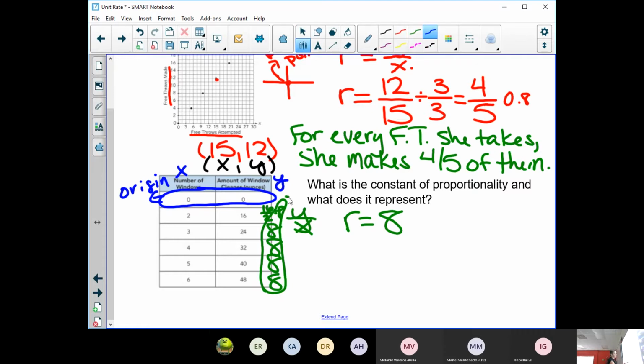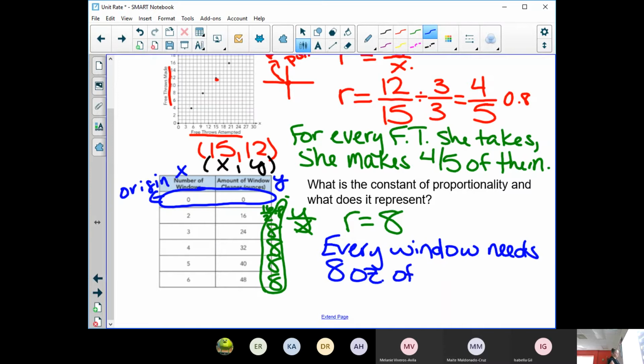It means every window needs 8 ounces, and I'm putting ounces because that's what it's being measured in, of cleaner. So whenever I clean those windows, it's going to take 8 ounces of cleaner for each and every single window I clean. So if I clean 10 windows, how many ounces of cleaner would I use?